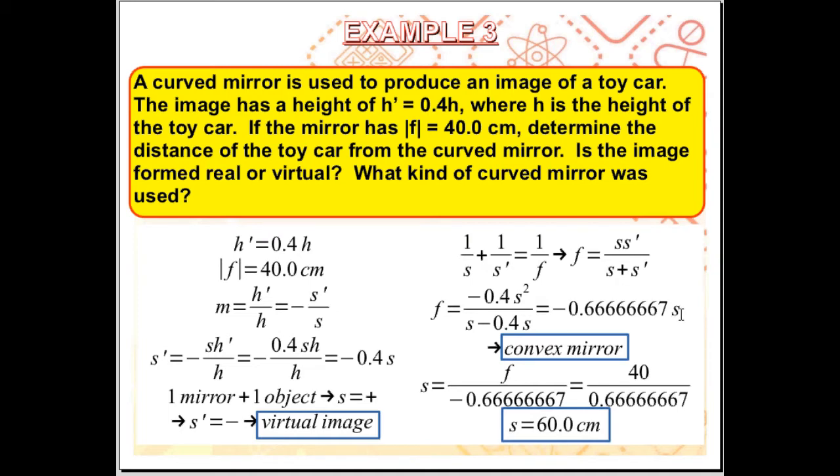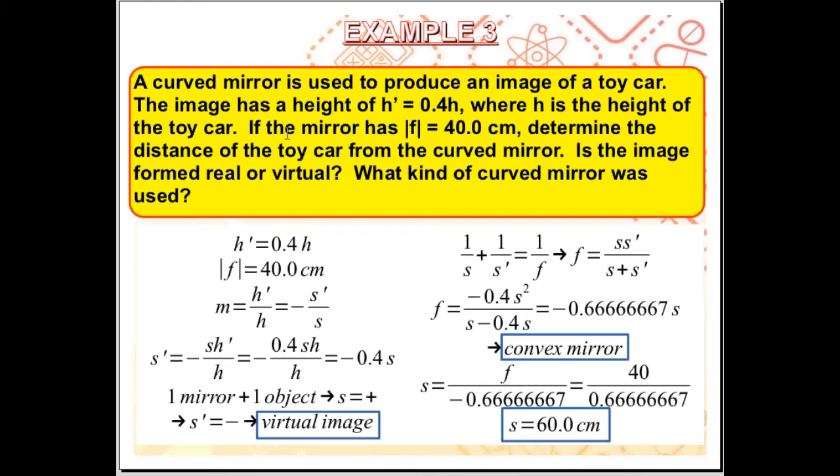Since s is positive, positive times negative means the focal length is negative. For negative focal length, that means you have a convex mirror, as opposed to a concave mirror where the focal length is positive. So here, focal length is negative. You have a convex mirror.